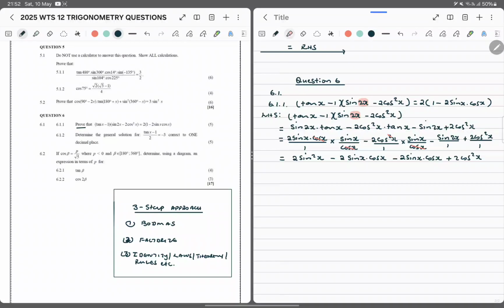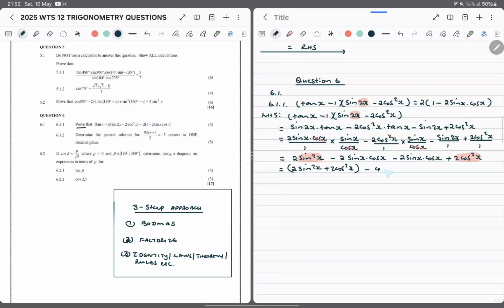Now we can see that these guys are like terms. Cos squared x, sine squared x, so we can group them nicely. So this is 2 sine squared x plus 2 cos squared x. Now these ones are also the same, like terms.